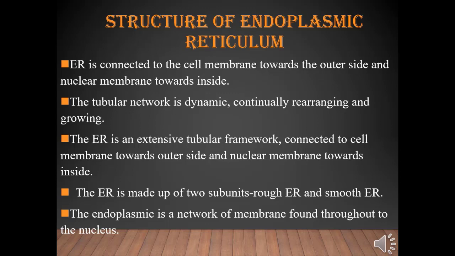The endoplasmic reticulum is an extensive tubular framework. It is made up of two subunits, rough endoplasmic reticulum and smooth endoplasmic reticulum. The endoplasmic reticulum is a network of membrane found throughout to the nucleus.